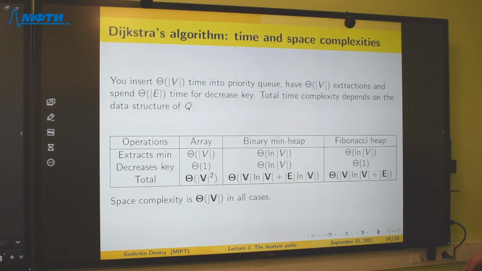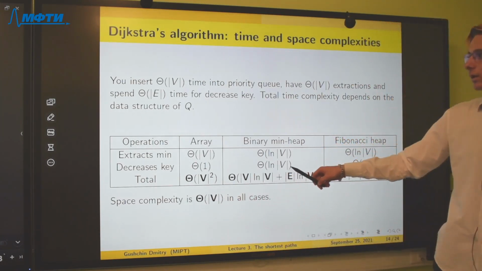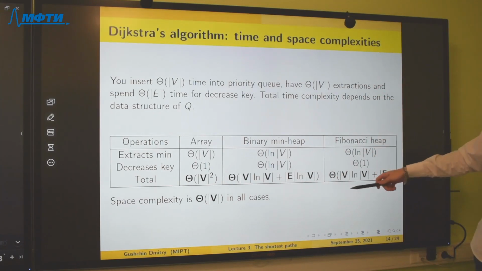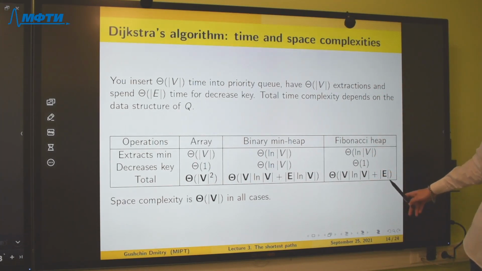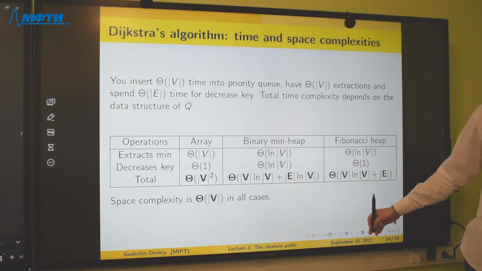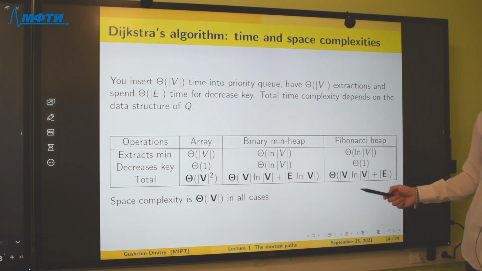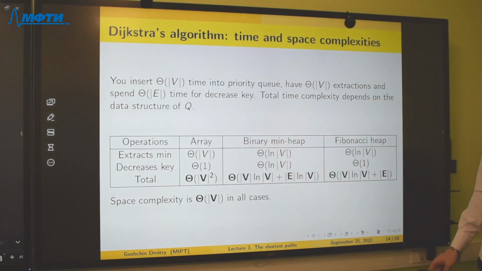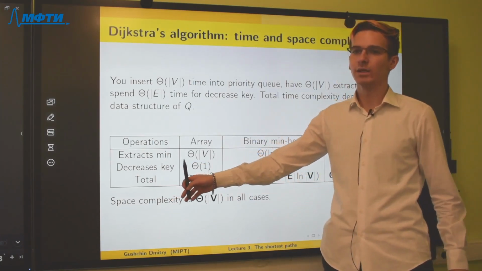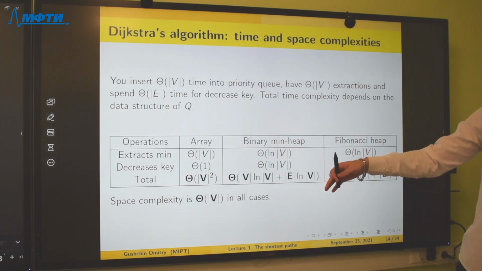Okay, and about complexities, of course, space complexity is O of the number of vertices, but time complexity has different O notations if you choose a different data structure to store Q. If you choose, for example, an array, to extract the minimal distance you need to go through the whole array and find the minimum.